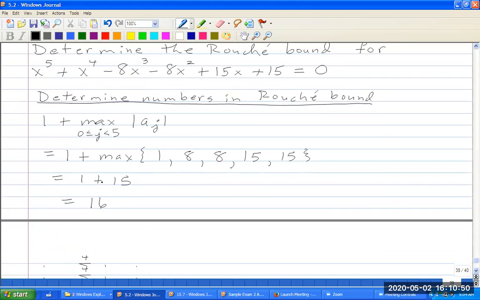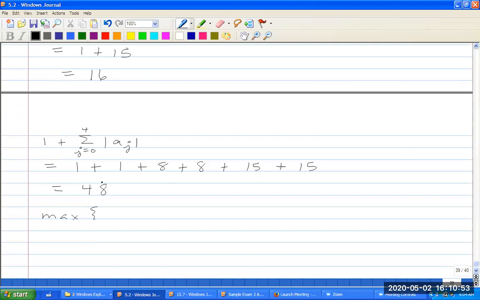So the maximum, for j from 1 to 4, of 2 times the absolute value of a sub (5 minus j), to the 1 over j, and a sub 0.